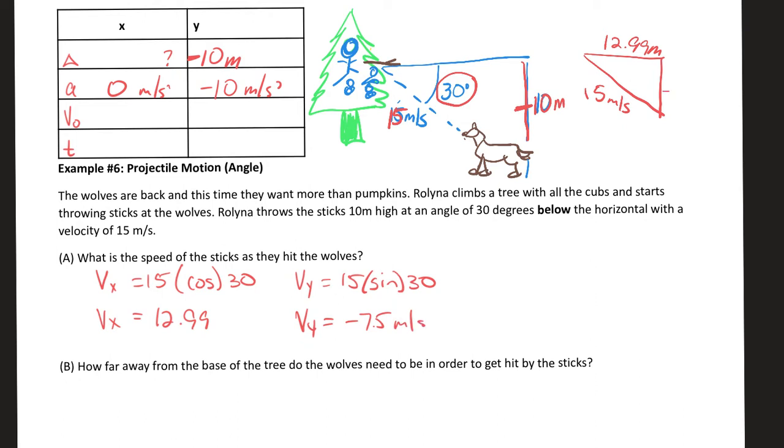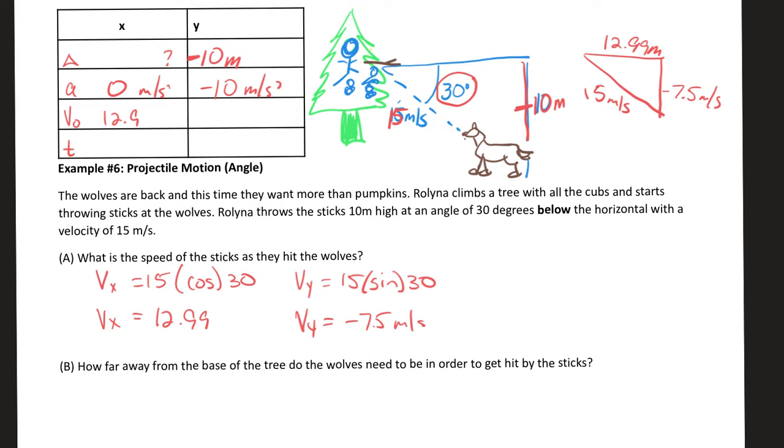So now I've got all the sides, and I can start to fill in my box. In the x direction, my velocity is 12.99. In the y direction, it's 7.5 meters per second.